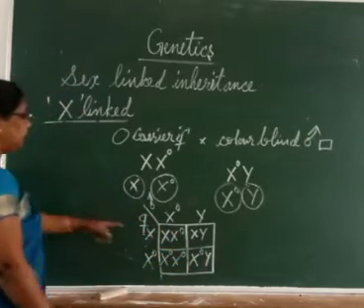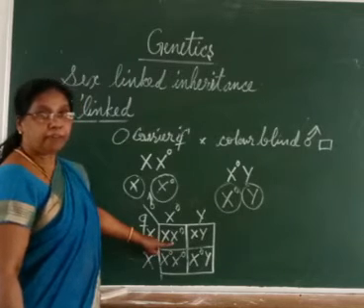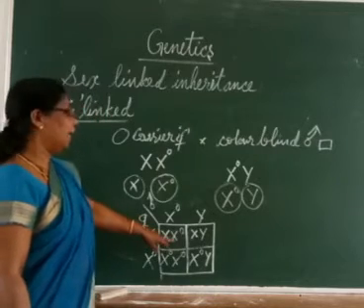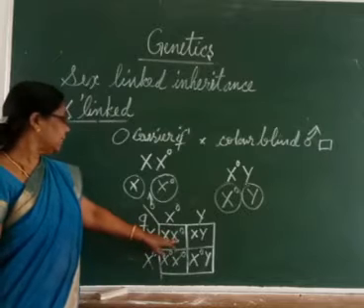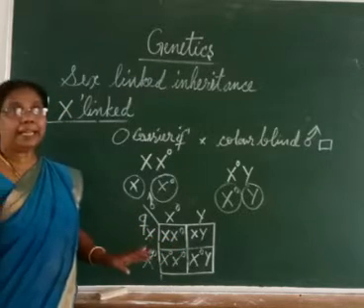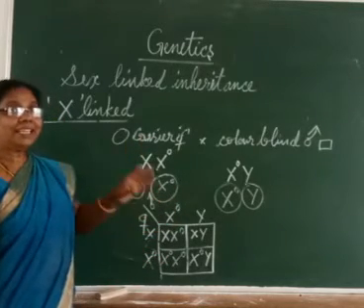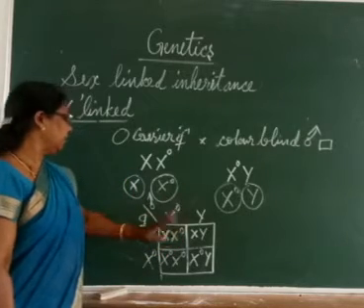Here you can see, what about the first child? She is a female one, a daughter is produced, and what is her condition? You can see that she is a carrier one. Externally, she is not showing any such characters, whereas her gene carries this color blindness gene.